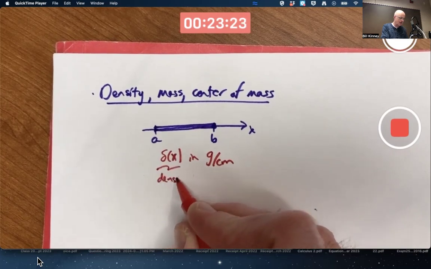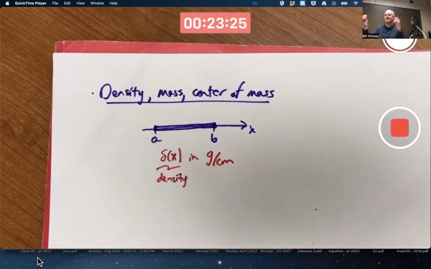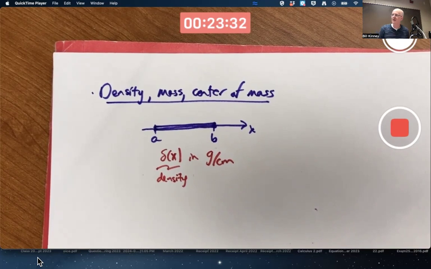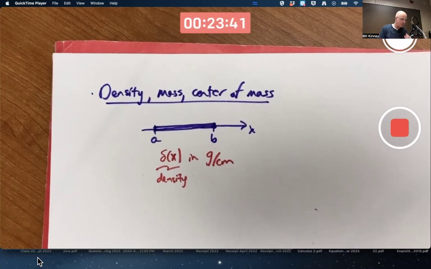That's always the units that I end up picking just because it seems simple and natural because I'm imagining a thin rod. But it could be kilograms per meter, or you could even do a weight density perhaps. But let's keep it at mass density.